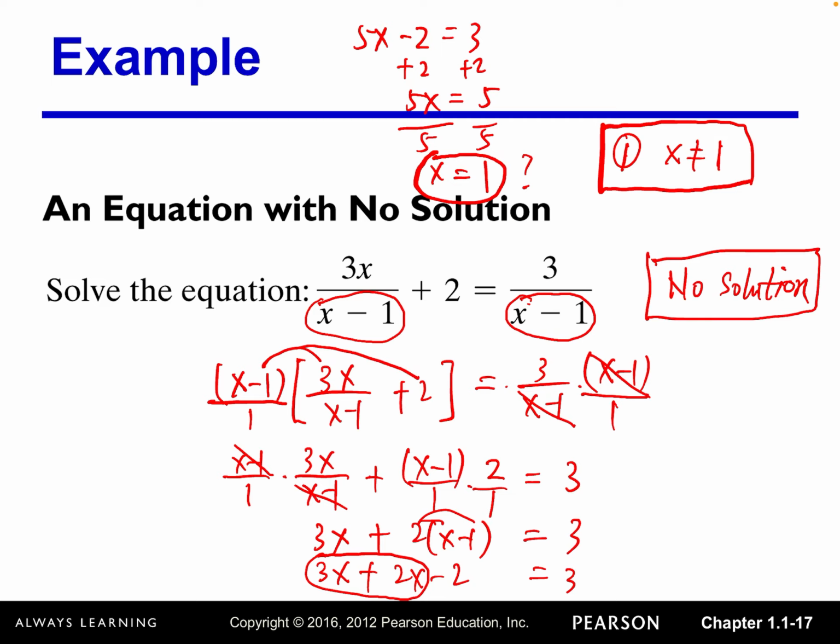Otherwise, it is very easy to draw the conclusion that the solution for this linear equation is x equals 1. But that is not true, right? Because x equals 1 will make the whole equation undefined. So x cannot equal 1. And then due to this conflict, we draw the final conclusion. For this particular linear equation, there's no solution.